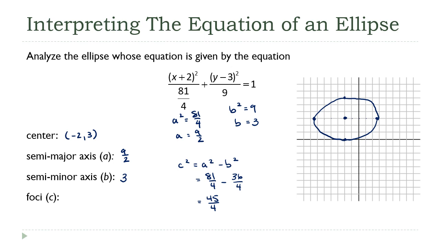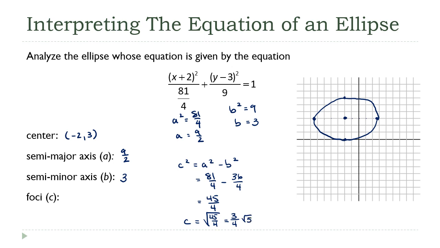I'm checking that in my head real quick. Yes. So c is the square root of 45 fourths, which is, 45, that's 9 times 5. So that's 3 times the square root of 5.